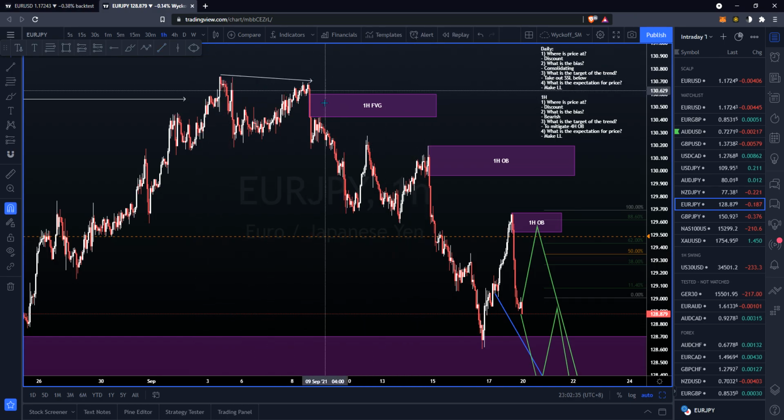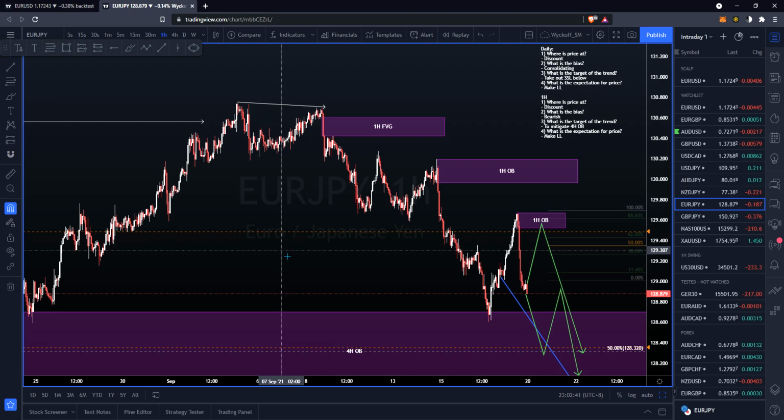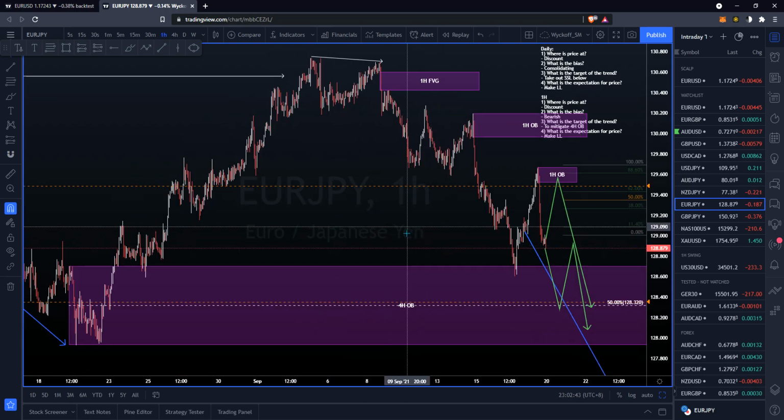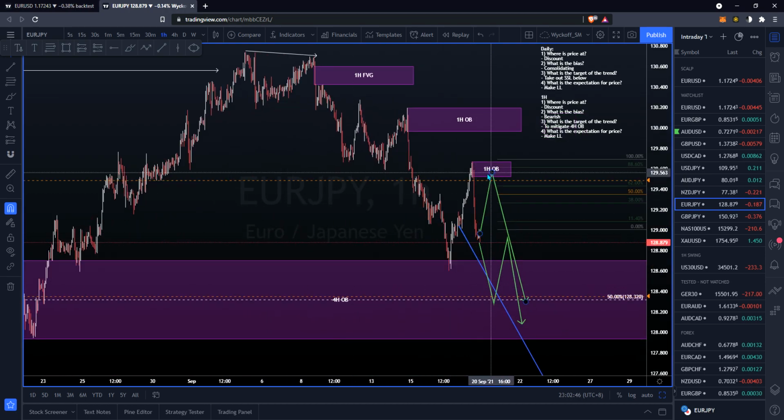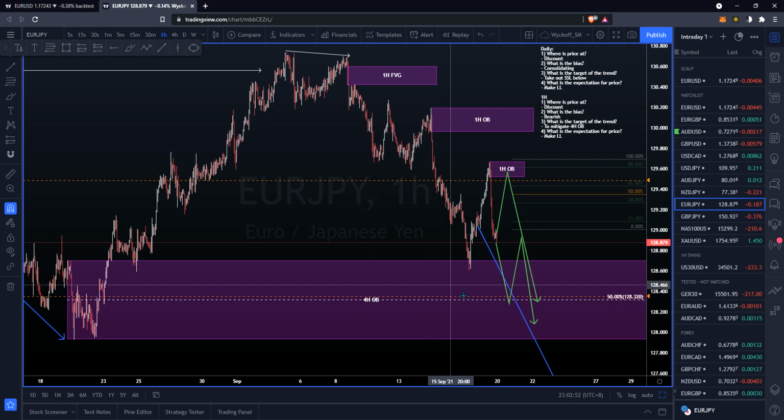Yep. So there is a lot of buy side liquidity. So on a lower time frame, I'll be expecting price to either rally first, then drop, or to mitigate the 50% level of the 4-hour order block before rallying.